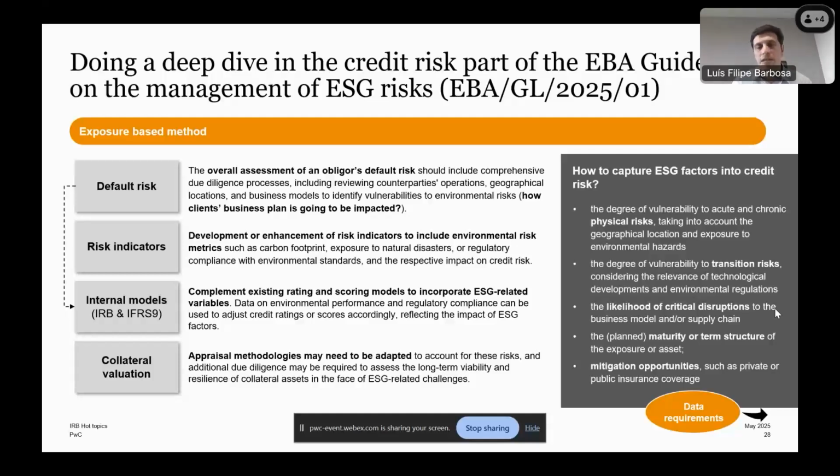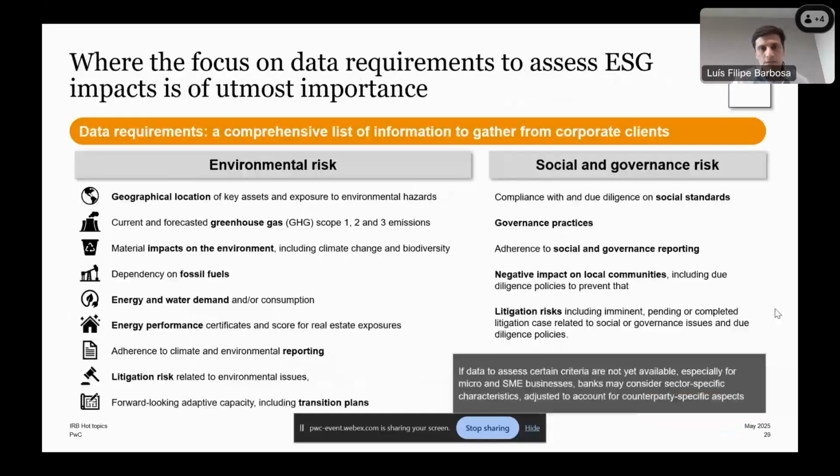And those are basically critical points that are also being announced and communicated by the EBA to the market. And in particular, in this regard, EBA was quite clear on the type of data that they think is fundamental to collect information and then to work on what could be the transmission channels to the financial side of any company.